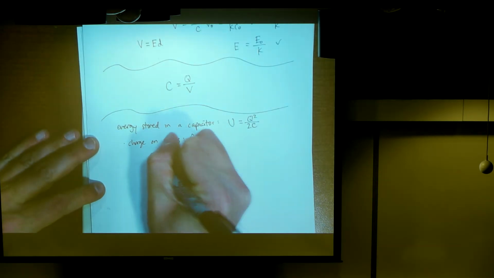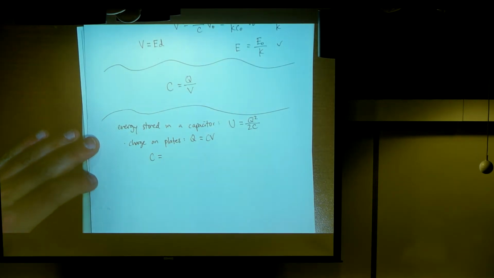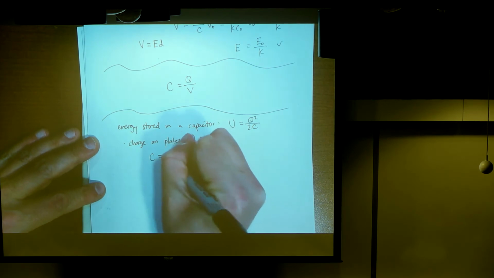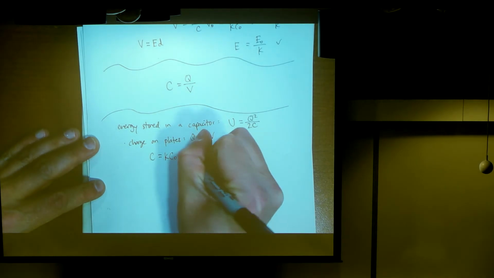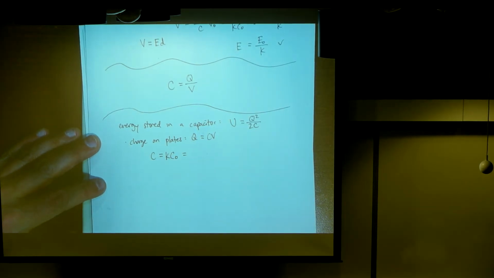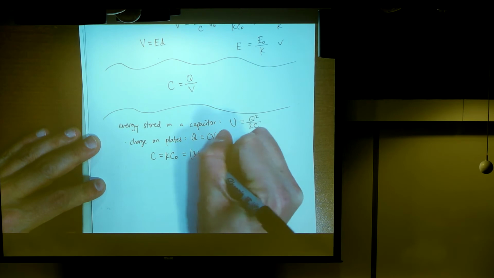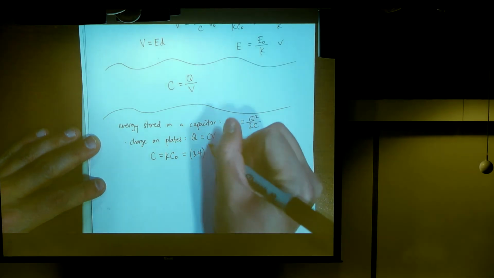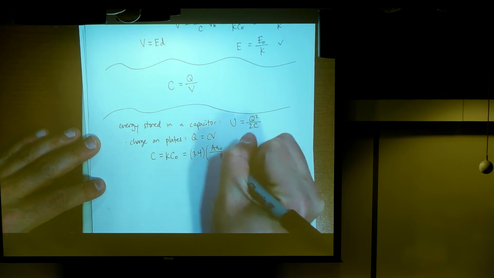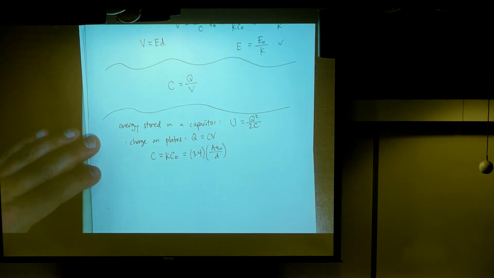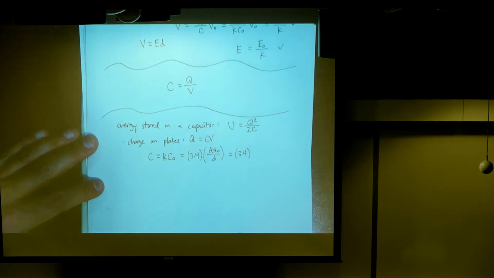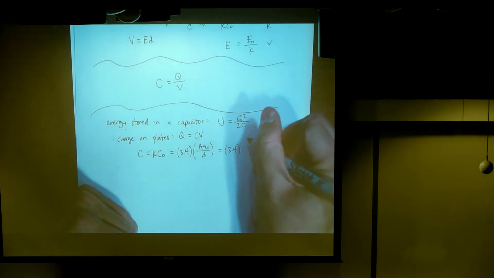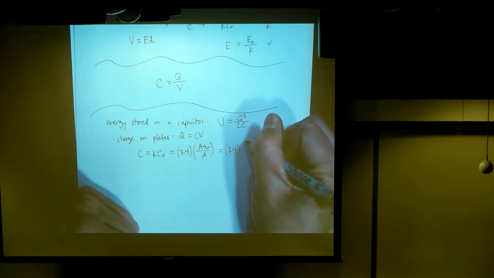So C, what is this equal to? Well, it's equal to K times C naught, where K, our dielectric constant, is 3.4, and C naught is equal to A epsilon naught over d. Okay? So in this case, we have 3.4, and then we have times A. The area of the plates was 4 meters squared, right? 4 meters squared.